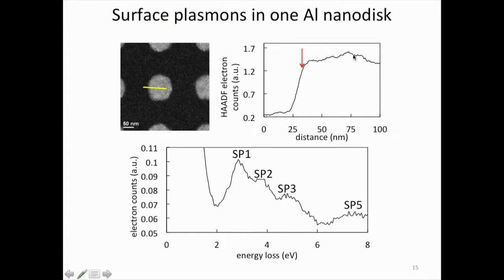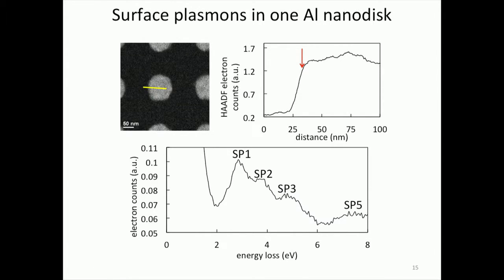And then here at the top is the signal of my aluminum disk. One thing that I can do is first find where the edge is between vacuum and aluminum oxide, and also find the interface between aluminum oxide and metal aluminum. I can do this spectroscopically. So I found that at this point here, I am at the oxide-metal interface.